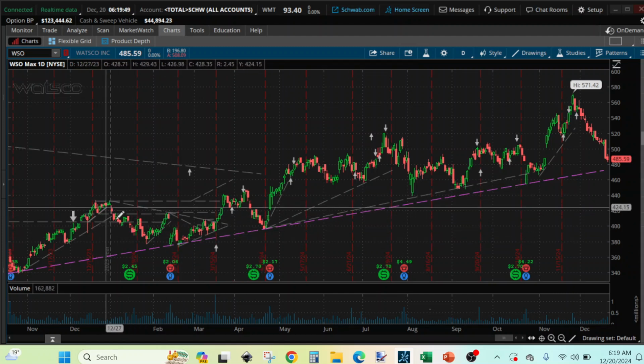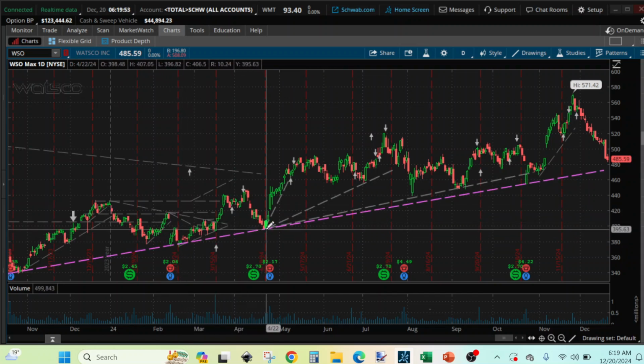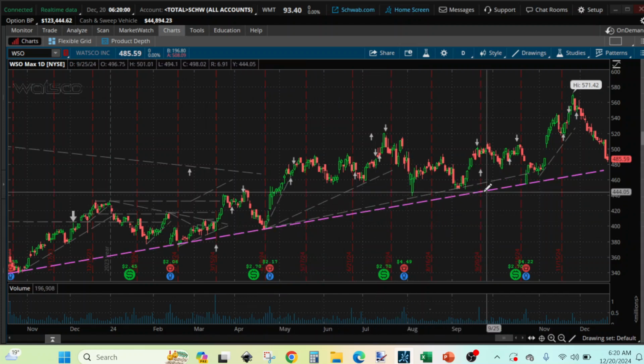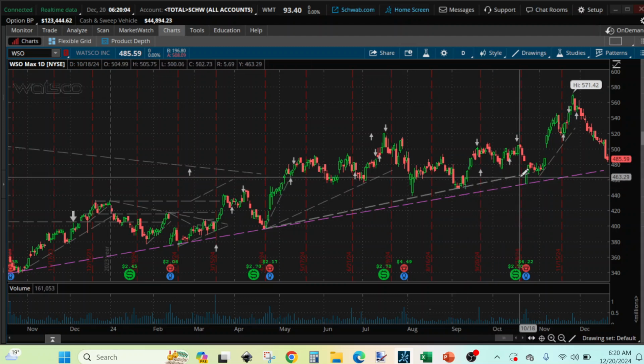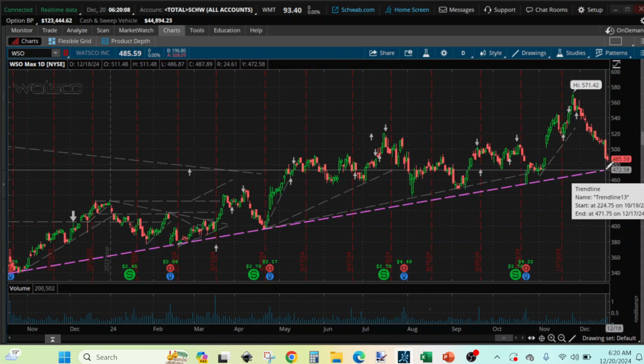It fell off of it around February. The patterns are not the same. It touched it again in April, in August, in September, in October, and now it's going back to it in December.